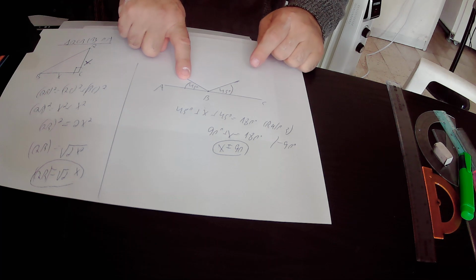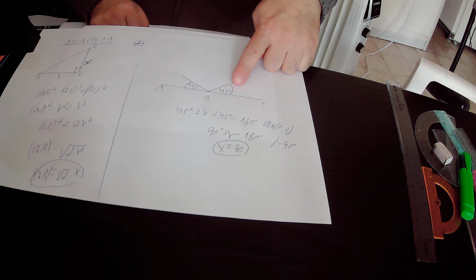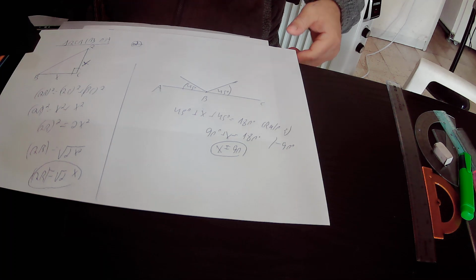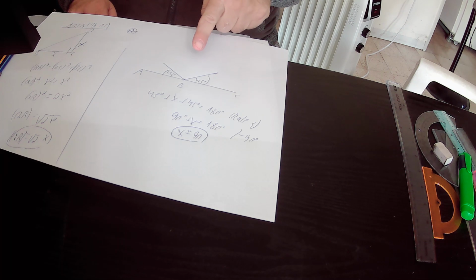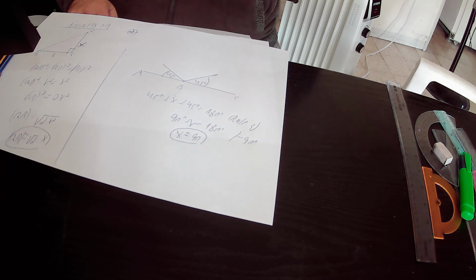We have this angle that is equal to 45 degrees, plus the missing angle, plus this angle that is also equal to 45 degrees. In total, the sum of those three angles must be equal to 180 degrees according to rule number 3. Again, 45 degrees plus the missing angle that we define as x, plus this angle equal to 45 degrees. In total, they must be equal to 180 degrees according to rule number 3.